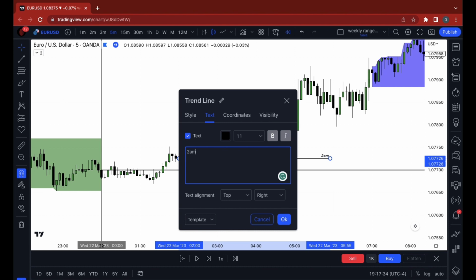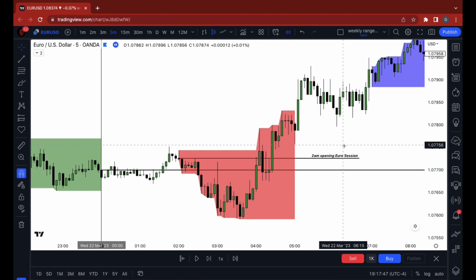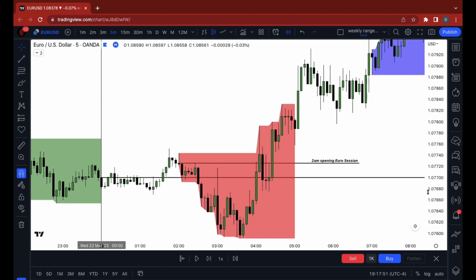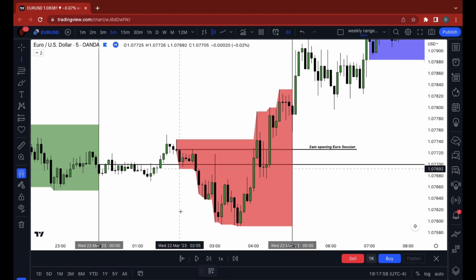Now, if that's the opening price to the European session, the same ideology can be found. Anything above is a premium, anything below is a discount. Look at how it dropped below the opening price for the session. I know the colors may be throwing some people off, so I'm just going to clean it up for you guys.